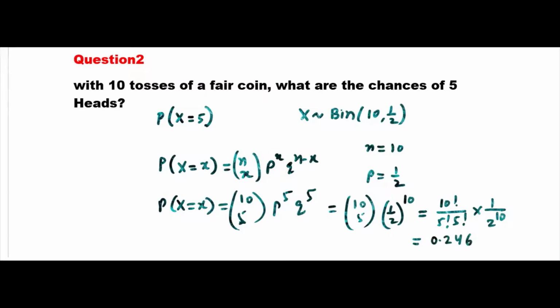Now see, there is a problem. Can you approximate a discrete distribution with a continuous distribution? That is the question. What I want to say is, when I talk about a discrete distribution, you always have discrete probabilities like this.